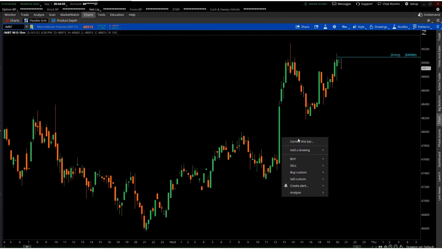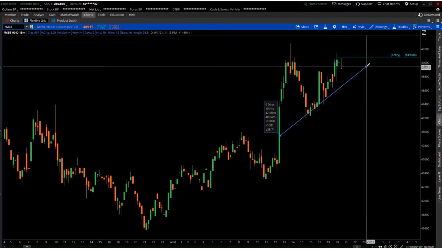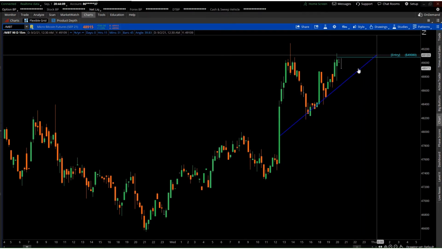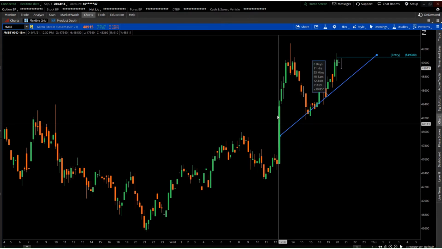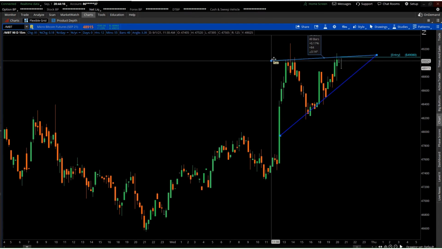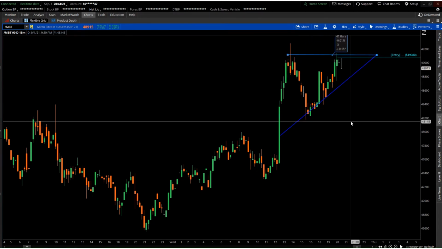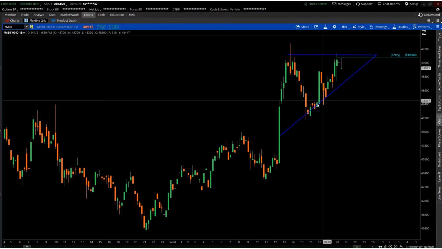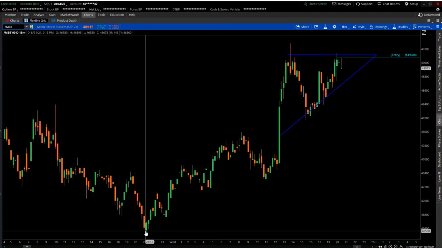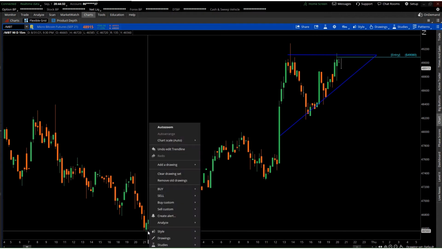So I drew it like this. Right, so this is the pennant, and from this low to this high, this would be the flagpole.